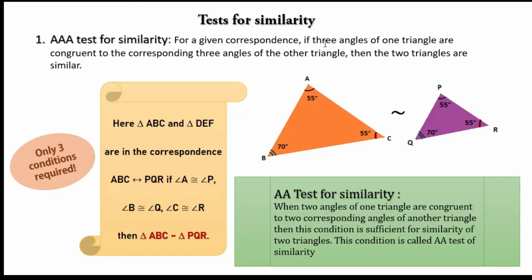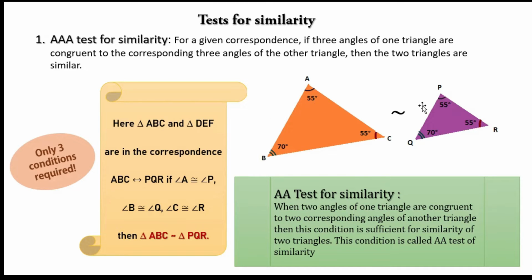Now, if three angles of one triangle, suppose this is triangle ABC, are congruent to the corresponding three angles of another triangle PQR, that means angle A is congruent to angle P. As you can see, this is 55 degree, and again this is 55 degree. So angle A and angle P are congruent.